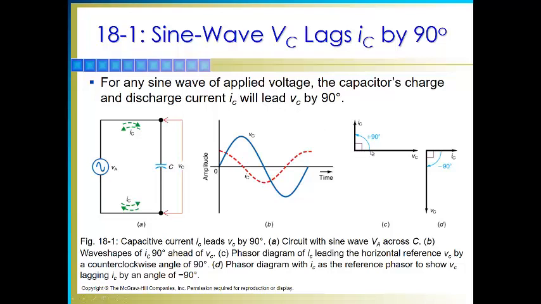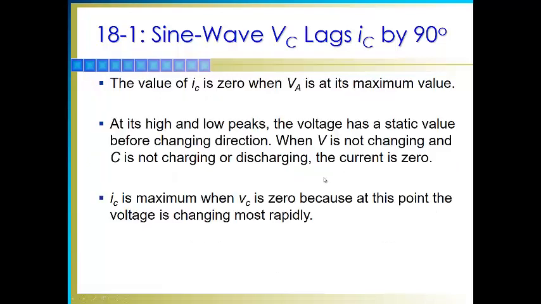If we take the voltage as a reference, then the current phasor goes up and the angle is positive, so that means that the current is leading the voltage. If we take the current as a reference, then the angle is a negative 90 degrees, which we can say that the voltage lags the current by 90 degrees, or we can also say that the current leads the voltage by 90 degrees.